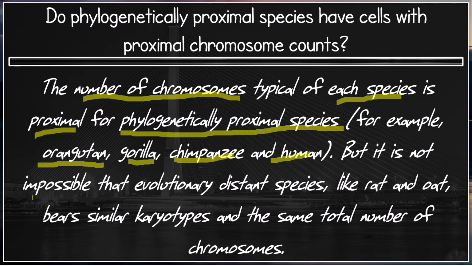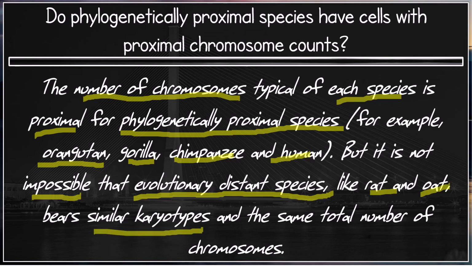But it is not impossible that evolutionarily distant species like a rat and an oat bear similar karyotypes and the same total number of chromosomes.